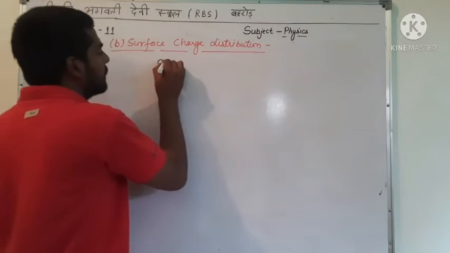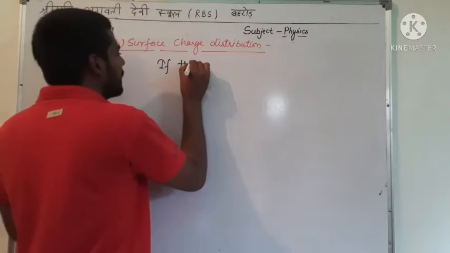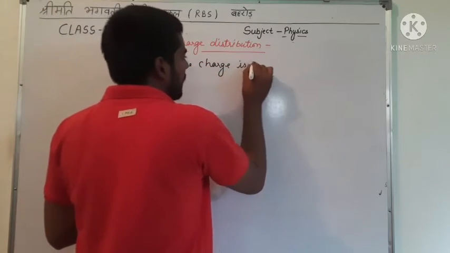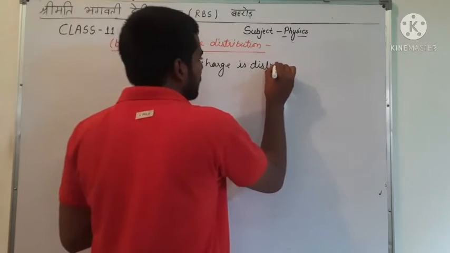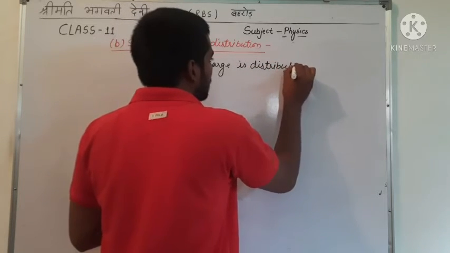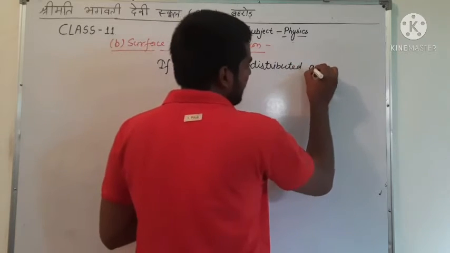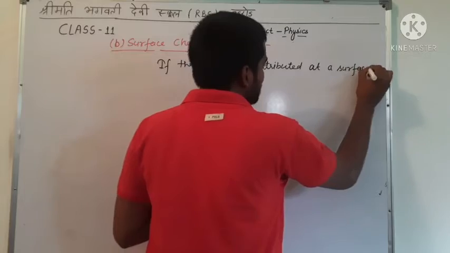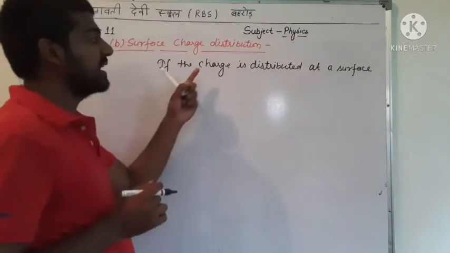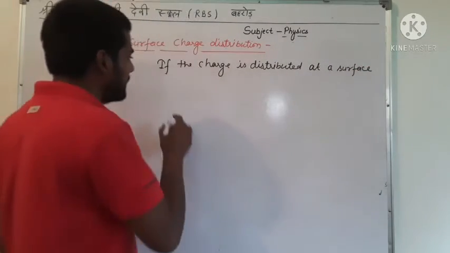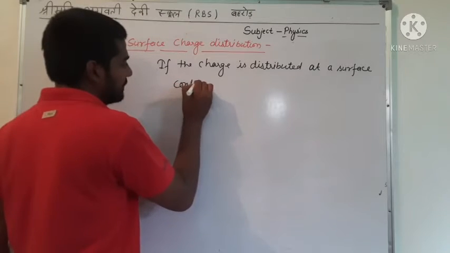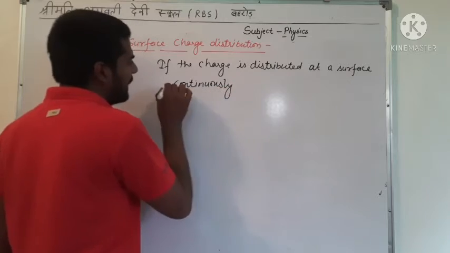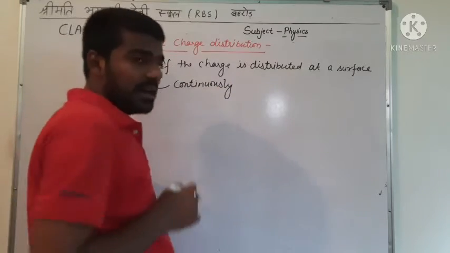If the charge is distributed at a surface continuously, then it is called surface charge distribution.